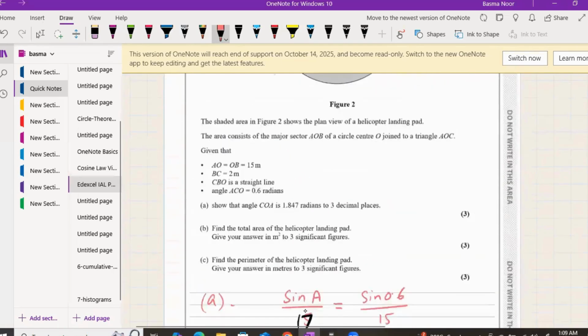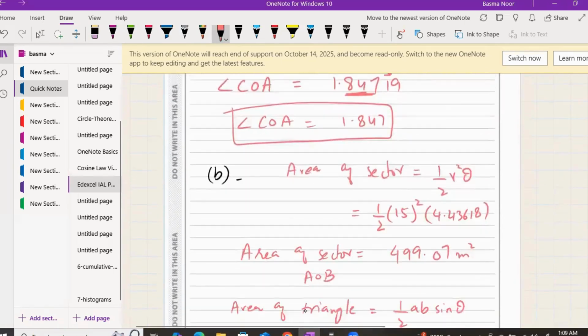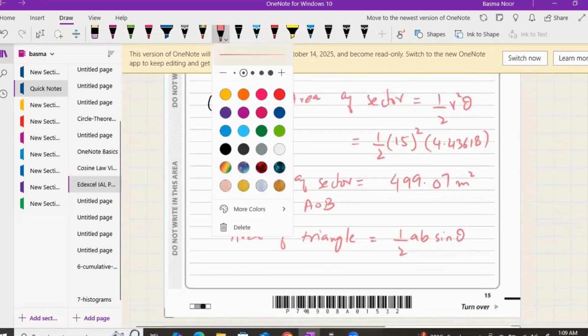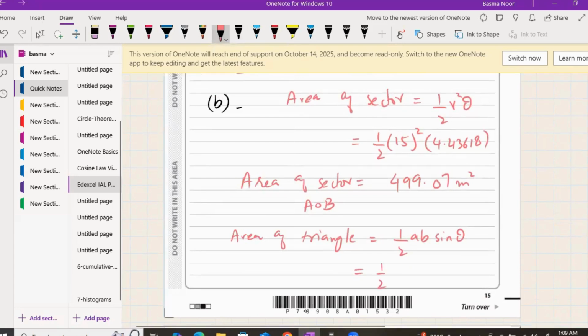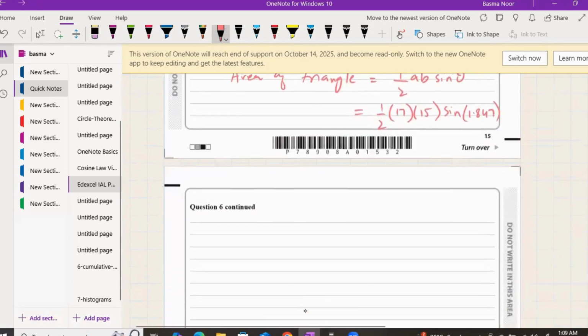So I'm just going to substitute them into this formula: half times 17 times 15, and the angle between them is 1.847.